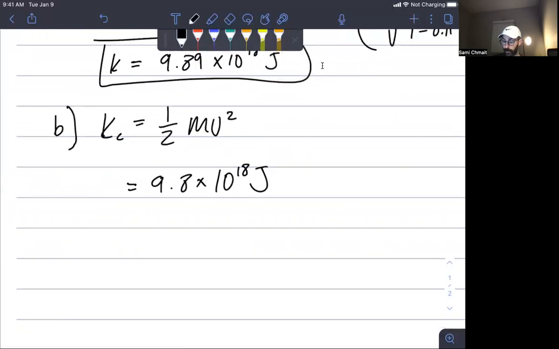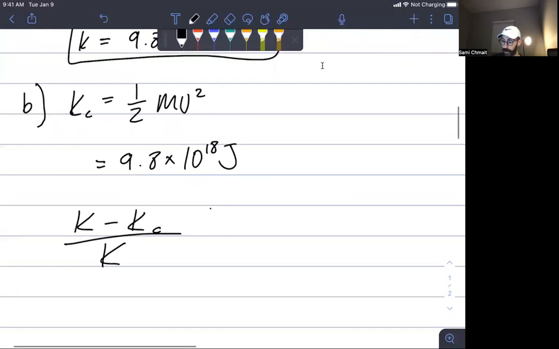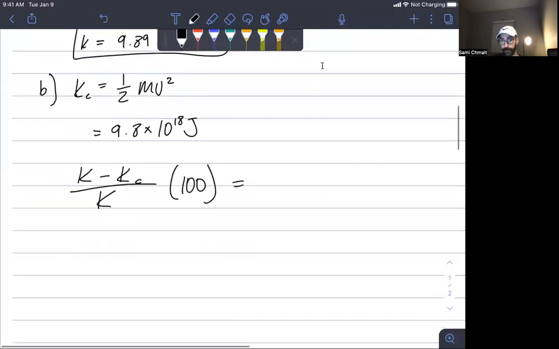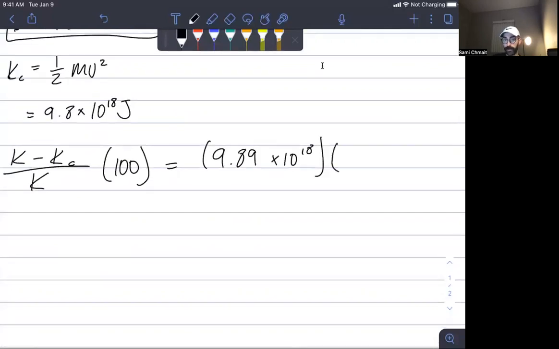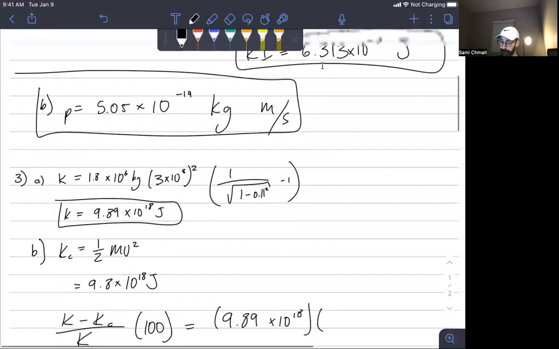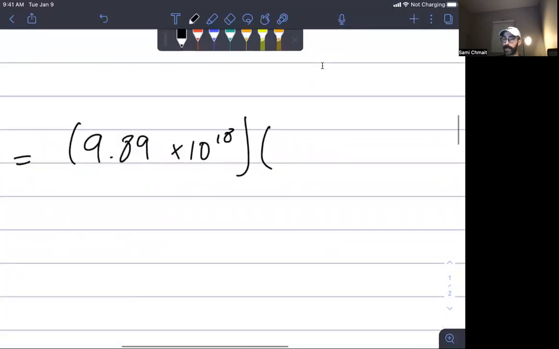And then if we remember how to calculate percent error, K minus KC over K times 100, that's going to be equal to, I'll just write it in to make the point that I'm trying to make, which is that in this case it's actually pretty similar, because remember I said that the threshold for relativistic is 0.1 C, so it's just 0.11 C, so it's pretty close.